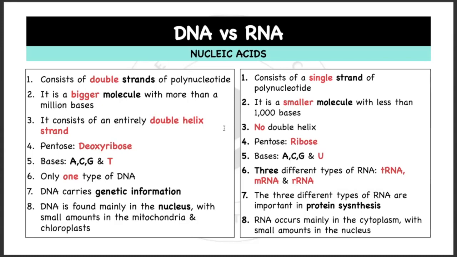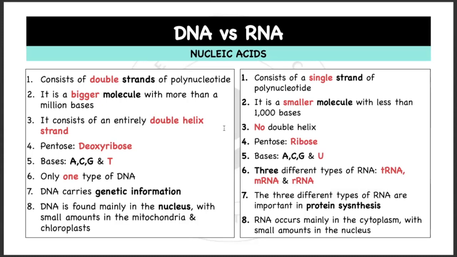DNA consists entirely of a double helix, 2 strands, whereas in RNA, there's no double helix because it's only 1. The pentose sugar used for DNA is deoxyribose, and the pentose sugar used for RNA is ribose. The bases for DNA would be A, C, G and T, whereas for RNA, it's A, C, G and U. The difference here would be T and U.